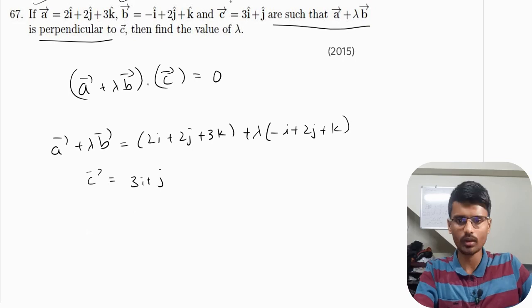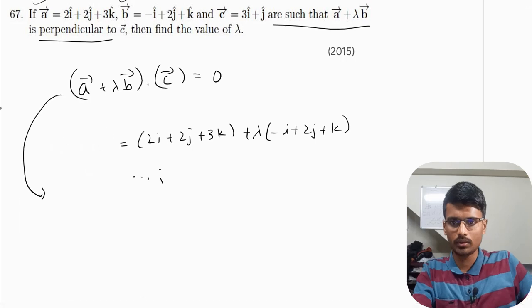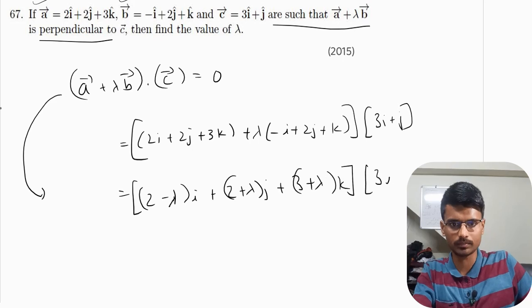Okay, let's do this. This is your A plus lambda B, which is 2 minus lambda, 2 plus lambda, 3 plus lambda, and your vector C is 3i plus j. The dot product is equal to 0.